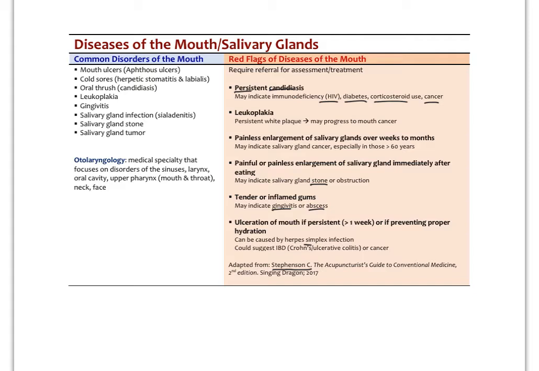So we'll look at that one of the manifestations of IBD, inflammatory bowel diseases, and that would be either Crohn's disease or ulcerative colitis, will be in the mouth with lots of canker sores, mouth ulcers, things like that. So these would be some of the things just to keep in mind with the mouth. We usually don't do mouth inspections, but people will come in complaining of a mouth complaint, and so we have to sort of think about what might be going on there.